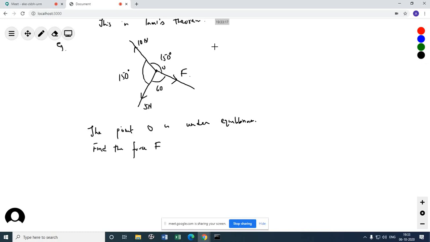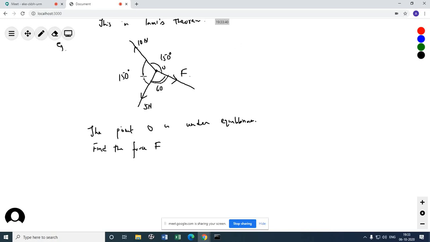So 10 Newton by sine 150 will not be equal to 5 Newton by sine. I think I have made a mistake here. All of them should be equal. Anyway, you got the idea, right?